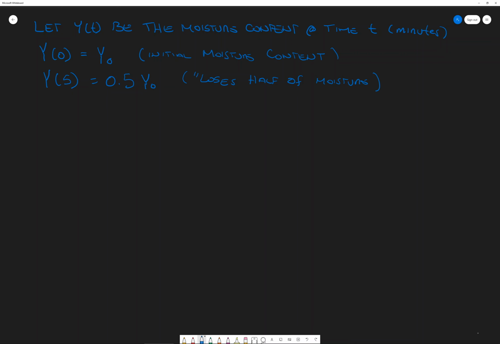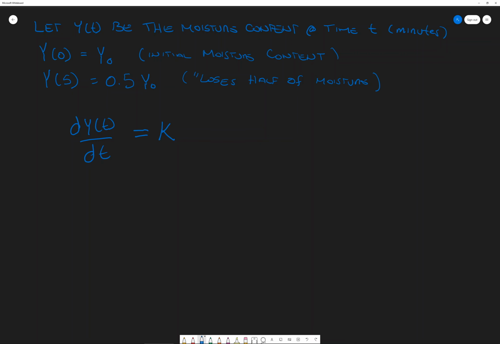Also in the question is a relationship. It says that the rate of loss of moisture. What is the rate of loss of moisture? Well, that is dy of t by dt. Now, whenever you see that is proportional to, what that means is that there is a proportionality constant that makes it equal to.